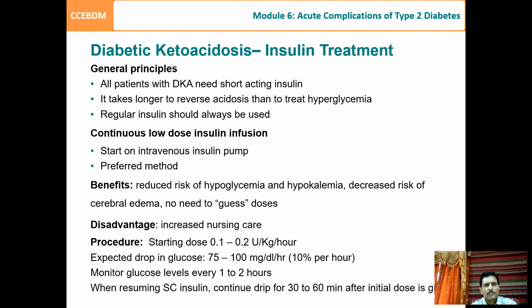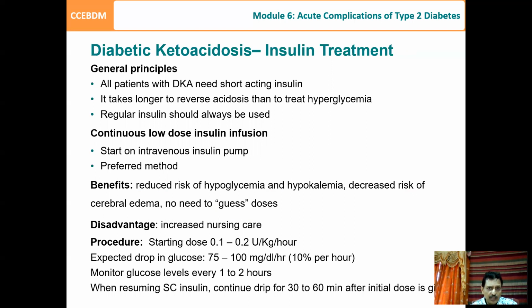Coming to the principles, all patients with DKA need short-acting insulin. It takes longer to reverse acidosis than to treat hyperglycemia. A regular insulin should always be used, and we should give intravenous insulin with an insulin pump.